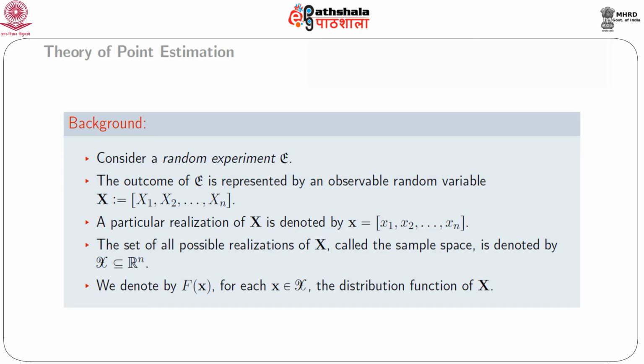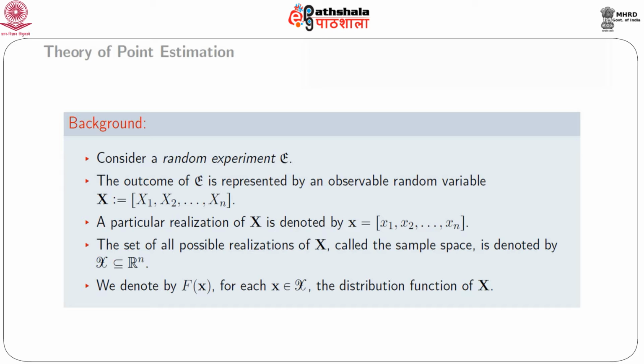A particular realization of the vector X is denoted by small x vector, which is equal to (x1, x2, up to xn). The set of all possible realizations of the vector X is called the sample space, and it is denoted by script X. It is a subspace of R^n.